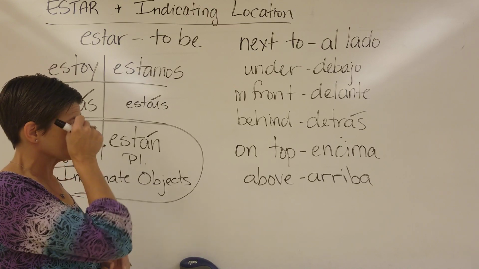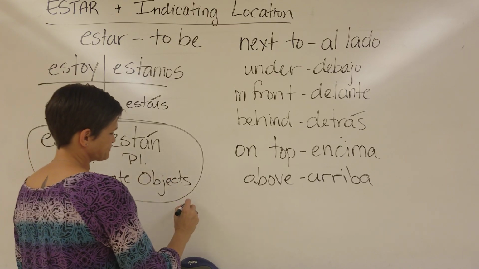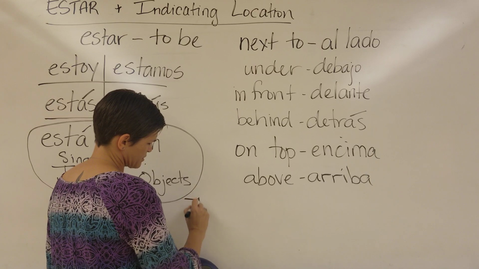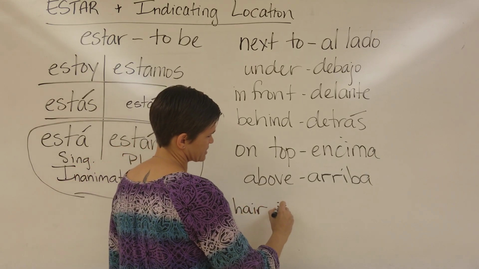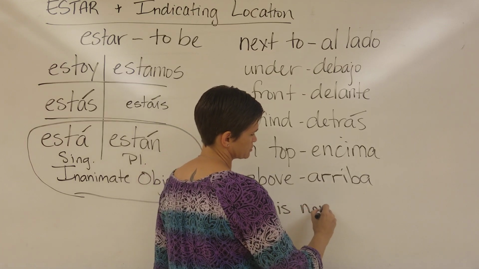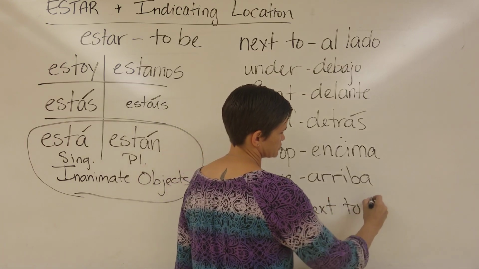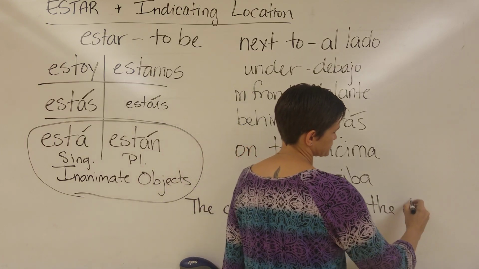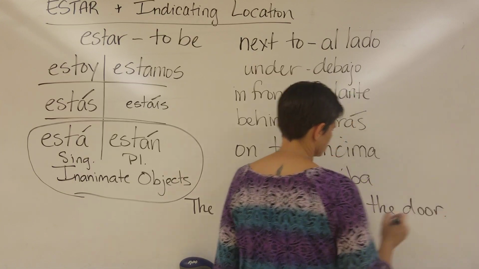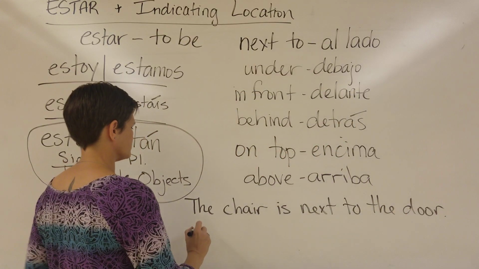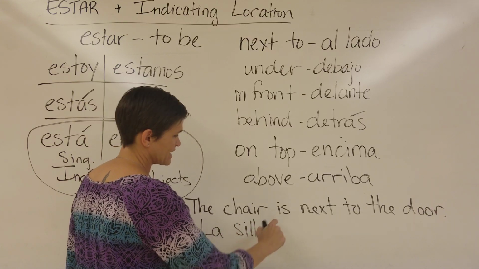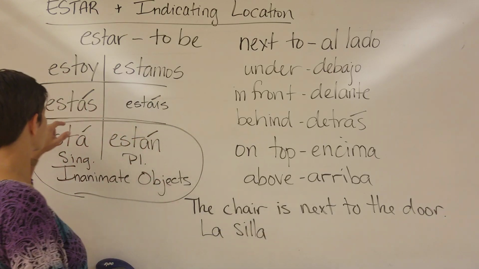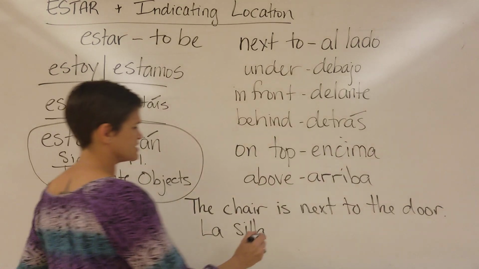So the kinds of sentences that we're going to use are things like the chair is next to the door. So we start with the object, la silla. Instead of es, because it's location, we're going to use this guy here and say está.